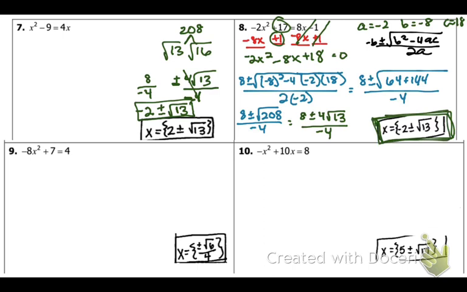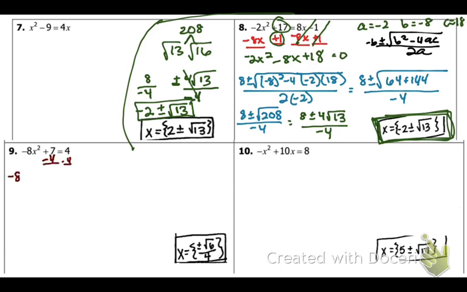Alright. Now this work right here is all part of 8, by the way. Alright, let's do 9. Alright, so make it in standard form. So I'm going to minus the 4.